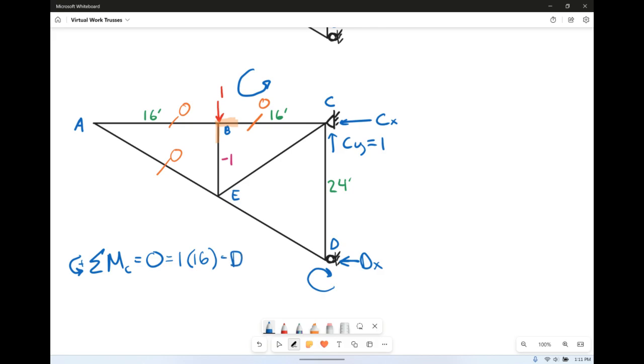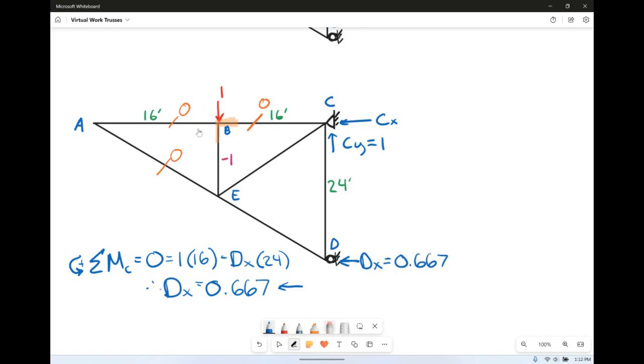So negative dx times his distance of 24 feet. And those are the only forces that are going to act at C. So dx is equal to 0.667. And he is a positive number, so the value at the direction that we assumed is correct. So this is 0.667.